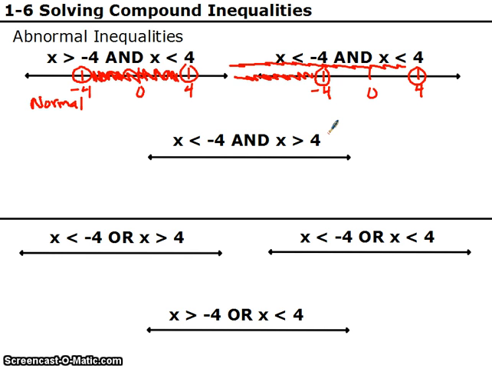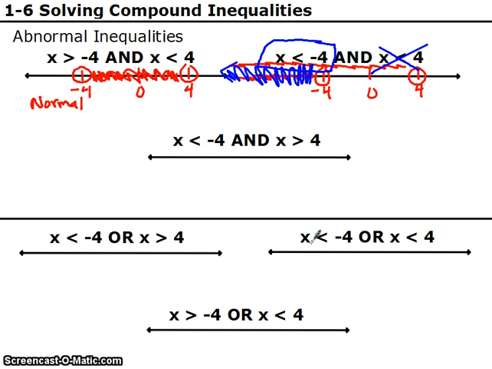For AND to be true, you have to be true in both sections, so only where they overlap. So the only place that this whole thing is true is where they overlap, which is from -4 down to -infinity. Basically this whole x is less than 4 is worthless in this scenario. The entire answer is located within x is less than -4 because that's the only spot where they overlap.